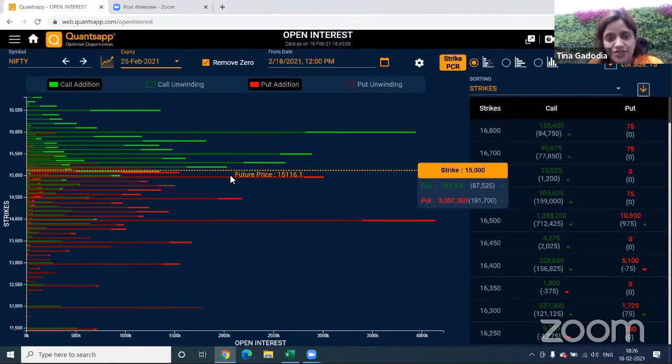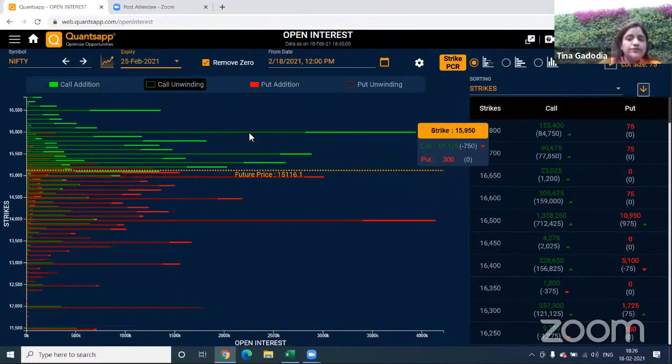To decide whether it is a short-lived thing or conviction-based selling taking place, look at both the weekly data as well as the monthly data. I would say the monthly data, because serious players are playing only in the monthly expiry, they are not doing it in the weekly expiry. So take the clue from both the expiries.